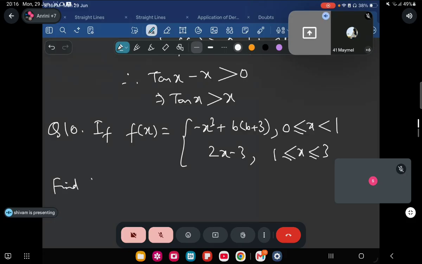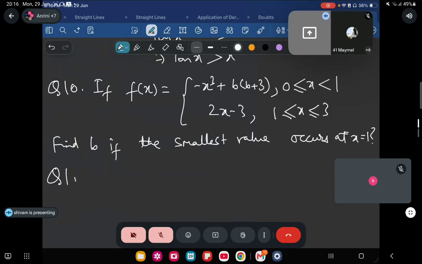Find b if the smallest value occurs at x equal to 1. Solve.